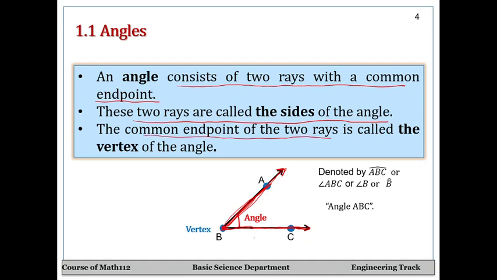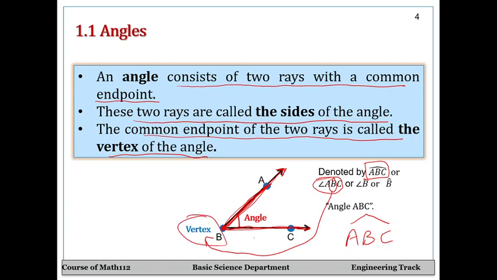The common endpoint of the two rays is called the vertex of the angle. So B is the vertex here, and the notations are these. This one here is ABC with a triangular hat, let's say. And this one is another notation for it. Now ABC means A, B, C. So the middle term here is the vertex.